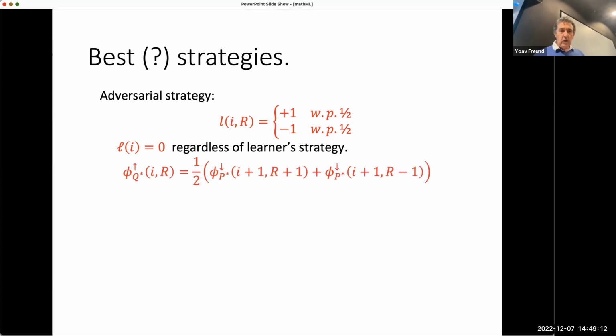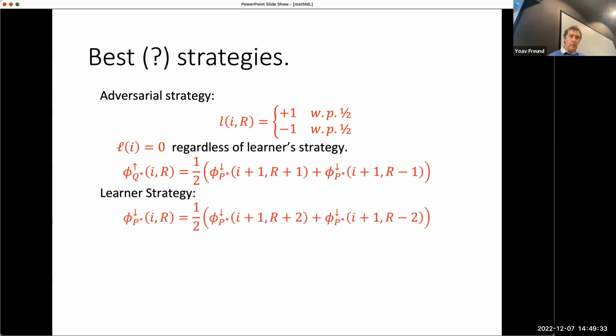And for the learner side, you have a potential recursion for the lower potential, this half. And then we have the learner. The learner basically takes the difference between potentials, and that's basically the weight that it assigns.